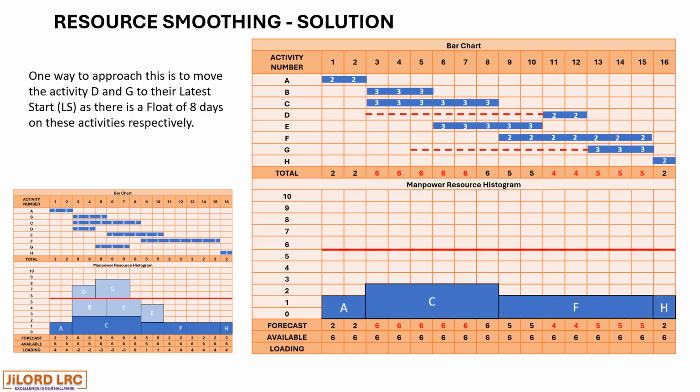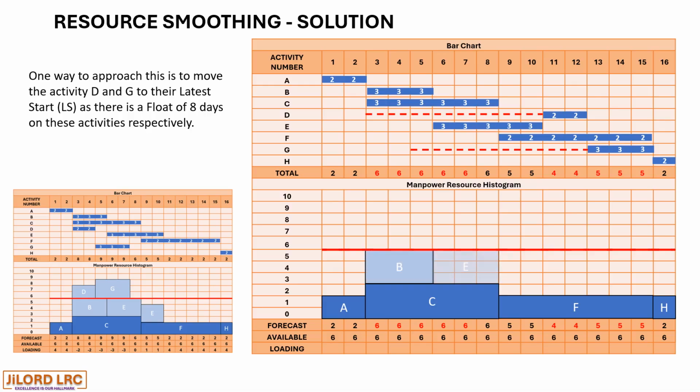So we have the critical path activities and their resources drawn, and comparatively we can move the activity D and G by 8 days towards the end of the project.